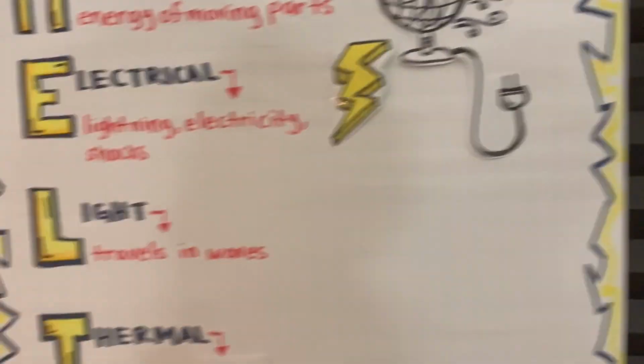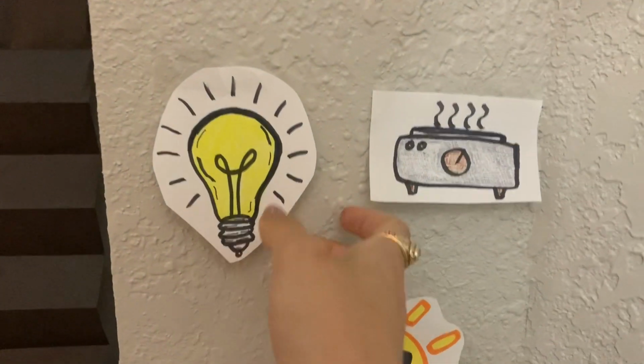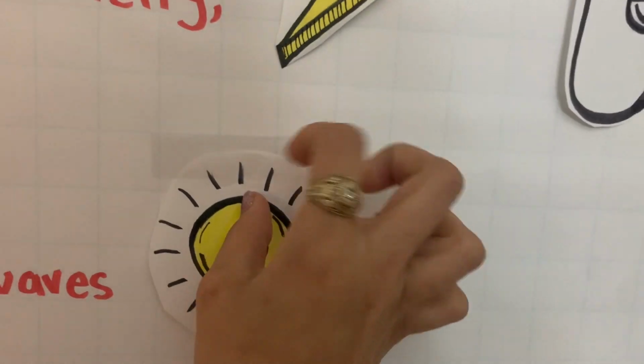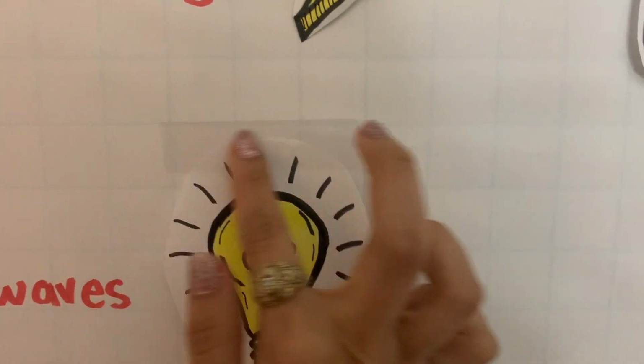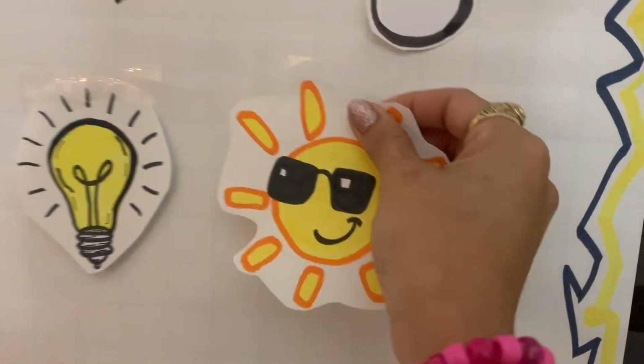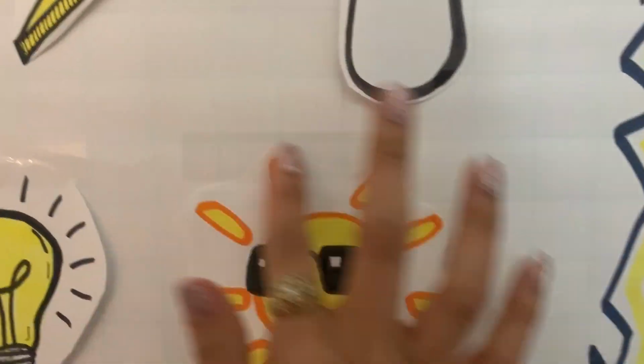We are going to fill in the ones that go under light energy. We said that lamps, light bulbs, and flashlights are good examples of light energy. And we just came from outside talking about the sun. So that's another example of light energy, which is really good. There you go.